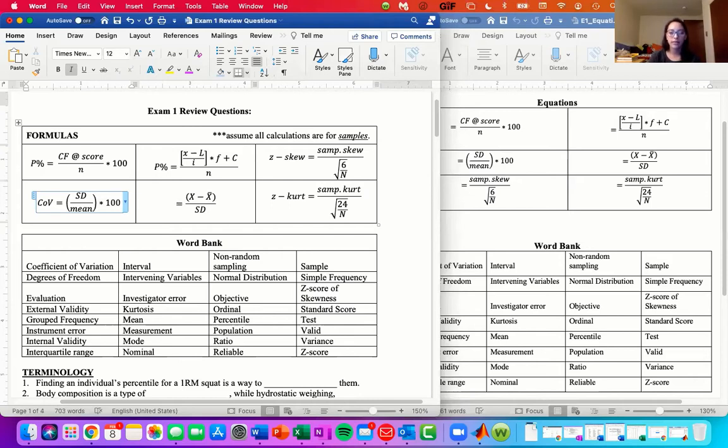Does anybody remember how to determine high variability from low variability? Isn't it the lower percentage is less variability? Right, lower percentages mean less variability, higher percentages mean higher variability.